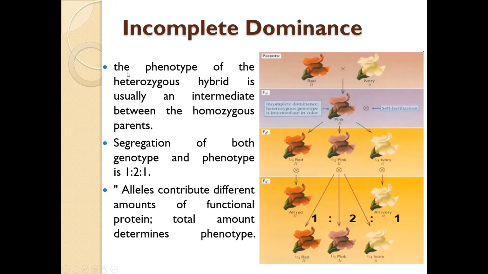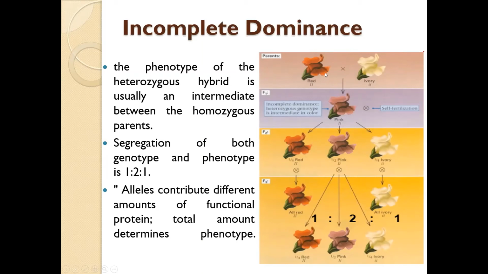So the phenotype of the heterozygous hybrid is usually intermediate between the homozygous parents. The pink flower is the intermediate color of the red and ivory flowers. Segregation of both genotype and phenotype is 1:2:1, so their genotypic and phenotypic segregation are the same.